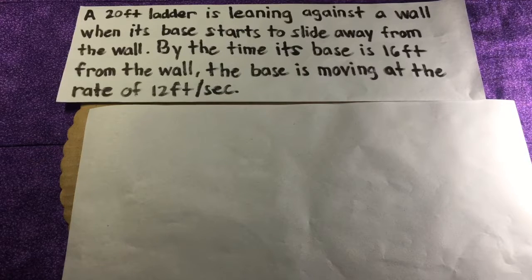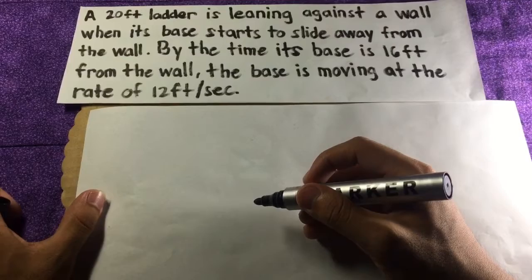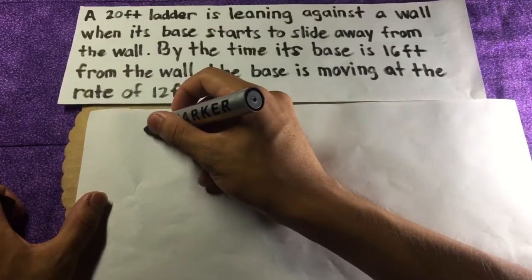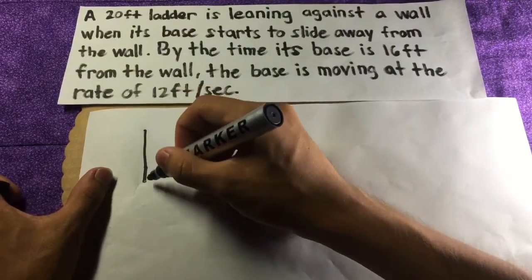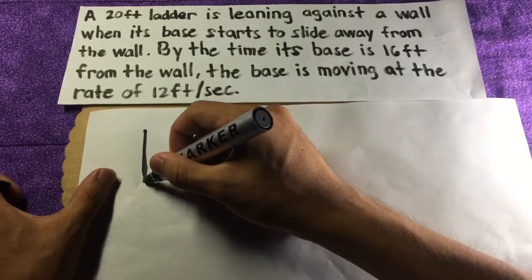So before we go to the questions, let's first know what is given. We know that there is a ladder leaning against a wall.